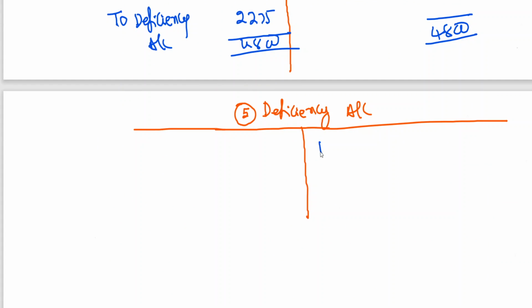Now in deficiency account, you write by creditors. Deficiency account 2,275. Now this deficiency account will be closed after closing the partners capital account.